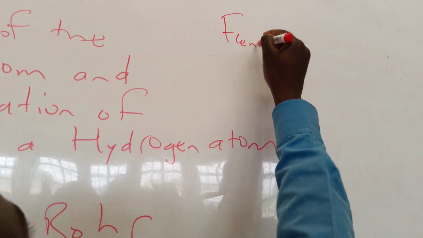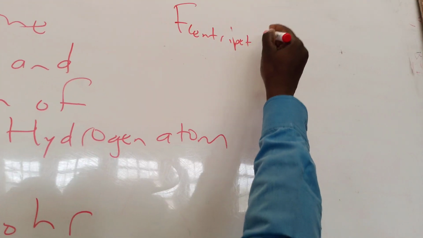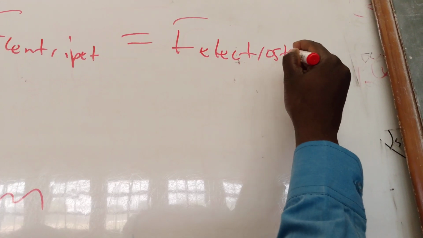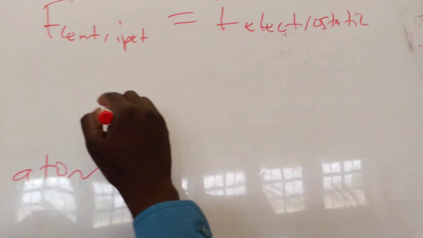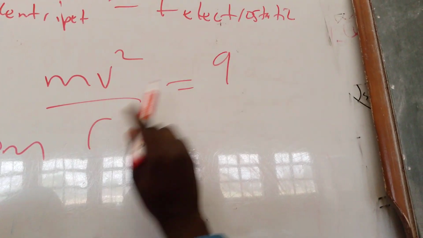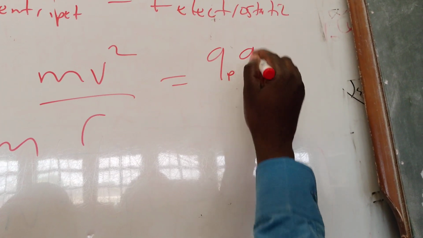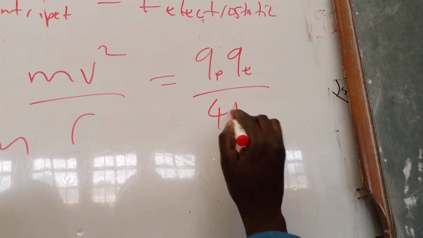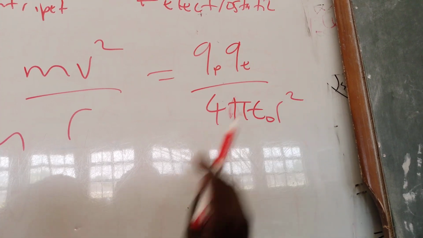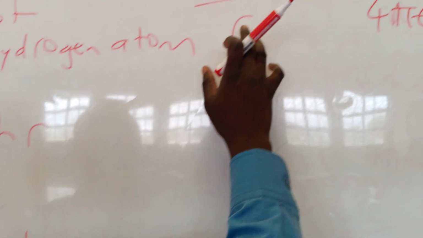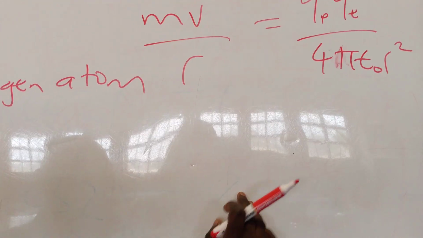So the centripetal force on the orbiting electron is due to the electrostatic force. So the centripetal force is mv squared over r, which is equal to the charge of a proton times the charge of an electron over 4 pi epsilon naught r squared, where v is the linear speed of the orbiting electron, r is the radius of orbit, and m is the mass of an electron.